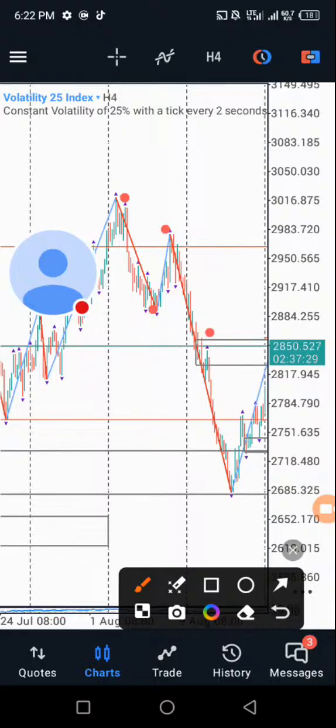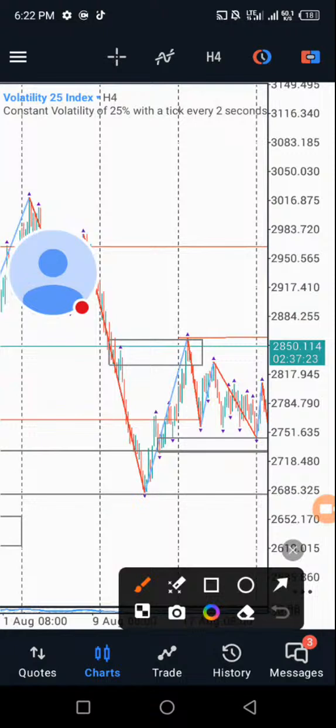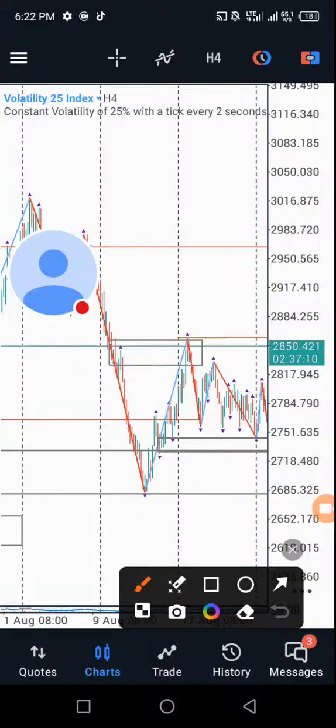We have a high here, a low here. The market is reacting from this level, and we have identified this to be our supply level. The idea of the market testing this is for it to come and break this low.